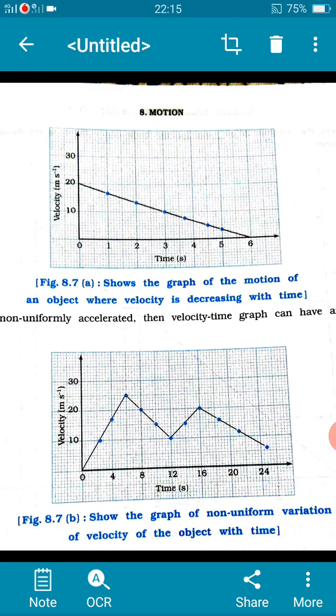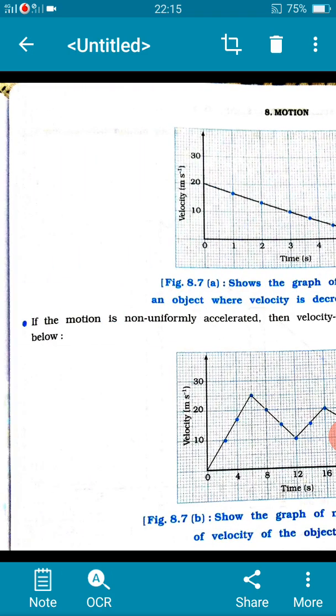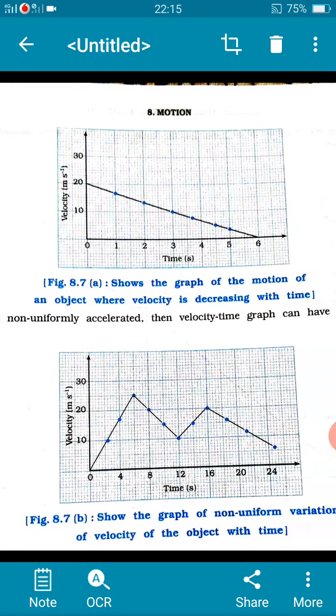But the next one is a graph of non-uniform variation of velocity with time, because velocity sometimes increases, sometimes decreases. So the velocity is not uniform. That's all about the distance versus time graph and the velocity versus time graph. I hope that portion is clear to you.